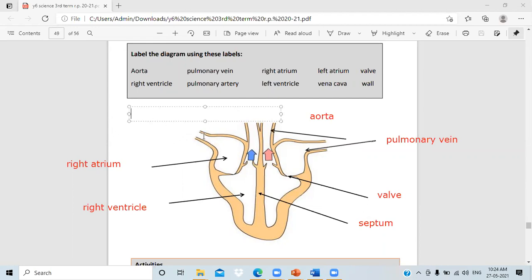Let me make it easier for you. This is the vena cava. This is a vein called vena cava. So what will be this? Anyone? Yes, Yasin Abdul Hamid. The pulmonary artery. Artery, very good. Thank you so much. Pulmonary artery.